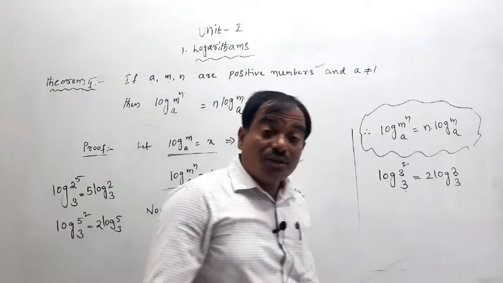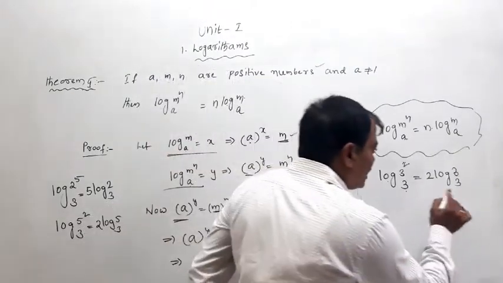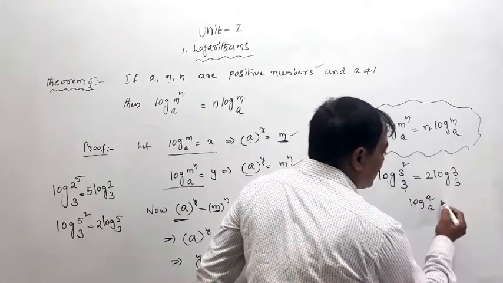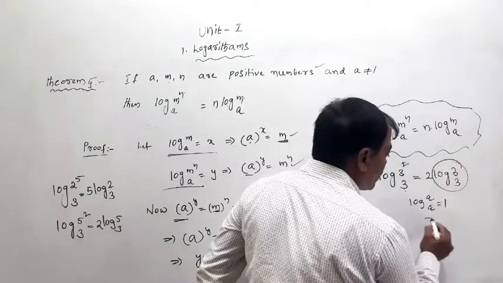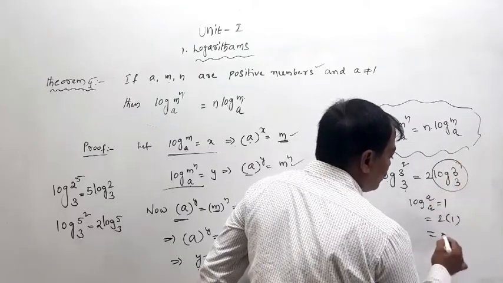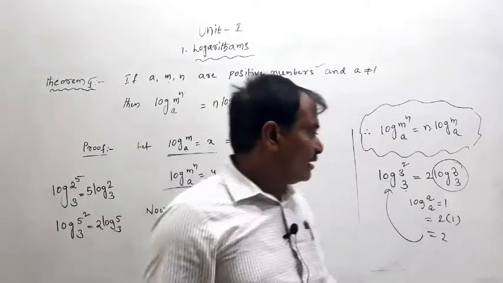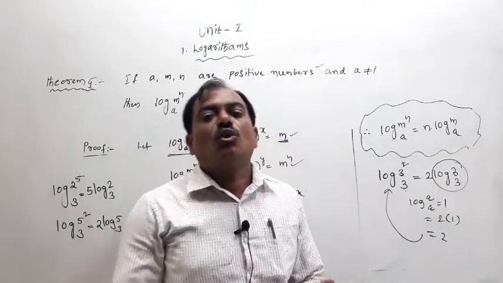By the second property, log a to the base same number a equal to 1. So therefore this value is 2 into 1, so log 3 square to the base 3 equal to 2. So this is the process of calculating logarithm values.